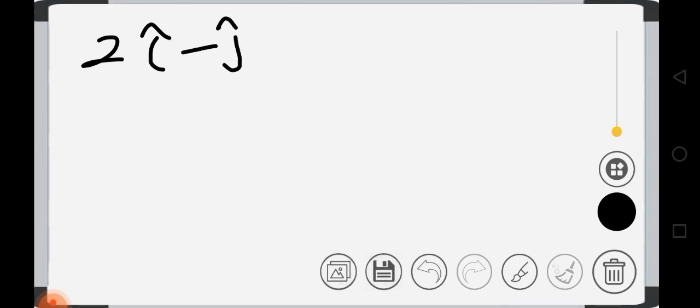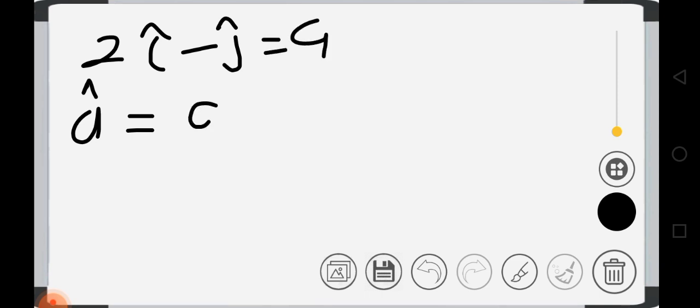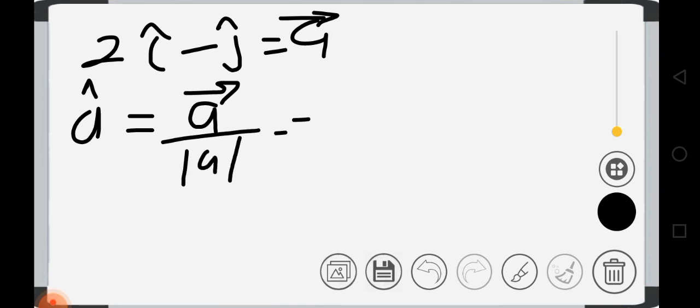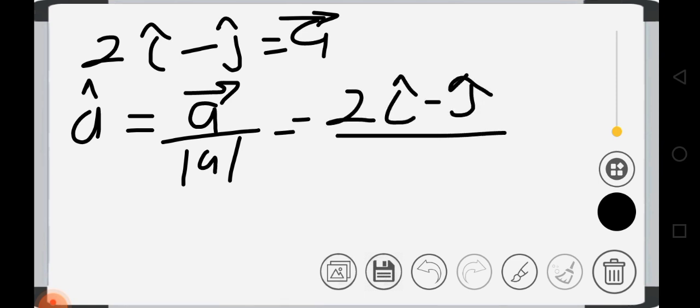Find the unit vector acting in the direction of this vector. The unit vector is equal to, let's say we call this vector a, vector a divided by the magnitude of a. So that will be vector a, 2i minus j, divided by the magnitude of this.